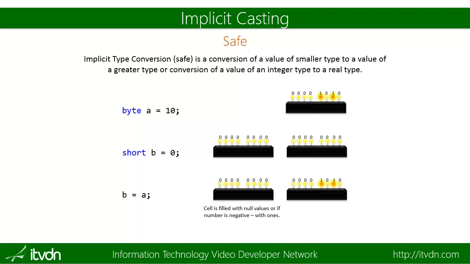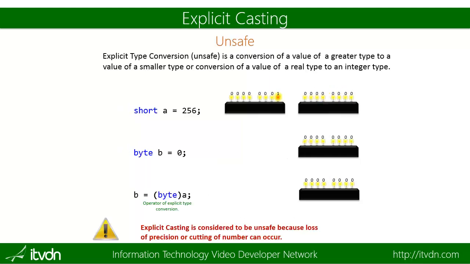Now, let's look at explicit casting. Explicit casting, on the other hand, is considered unsafe because you risk loss of precision. Explicit type conversion or unsafe type conversion is a conversion of a value of a greater type to a value of a smaller type, or conversion of a value of a real type to an integer type.